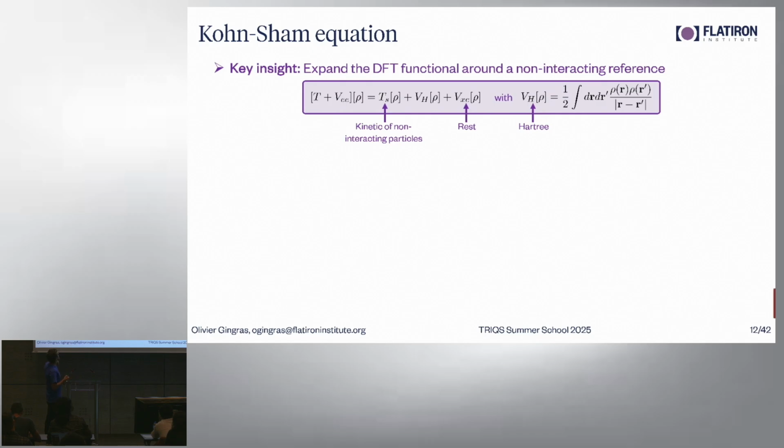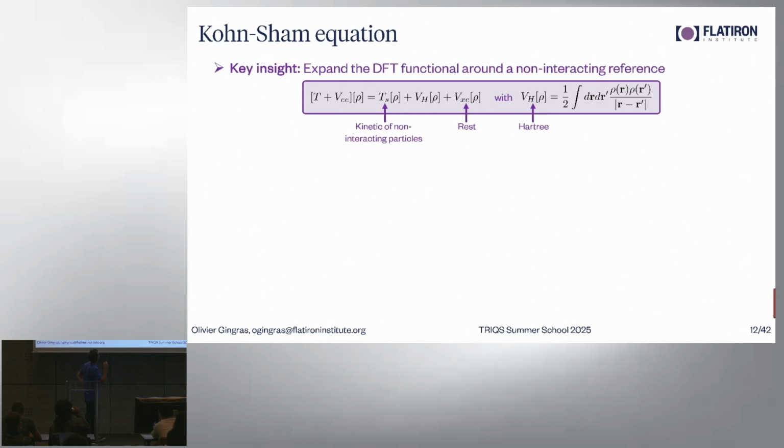Now, we want to simplify this. We want to use this to do clever approximations. So what we do is we take this universal functional of the density, the kinetic energy and the electronic interaction.